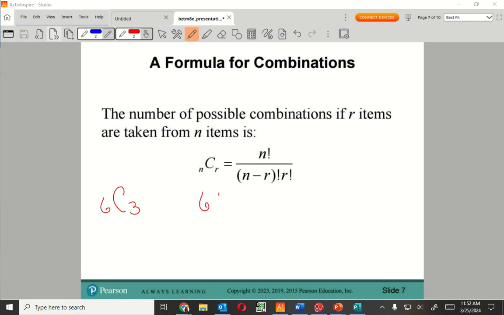So 6 factorial over (6 minus 3) factorial times 3 factorial. Would it be 20? Mm-hmm. Did you put it in the calculator already?